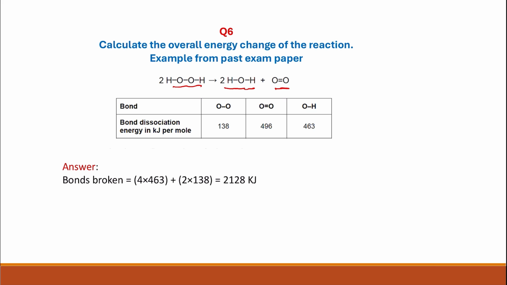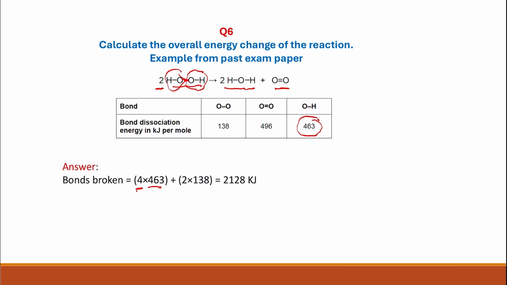We have hydrogen peroxide here. For each hydrogen peroxide, we're going to have two OH bonds, and then we have 2 moles or 2 molecules of hydrogen peroxide. So in total, there are 4 OH bonds. This is why we multiply 4 times the bond energy, the energy needed to break the OH bond. So it's 4 times 463.